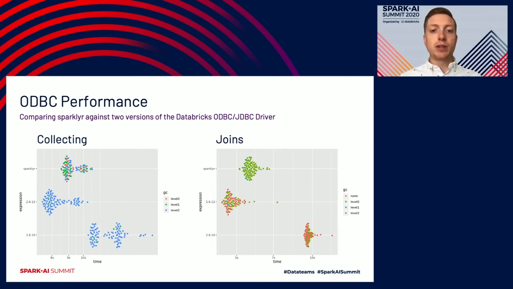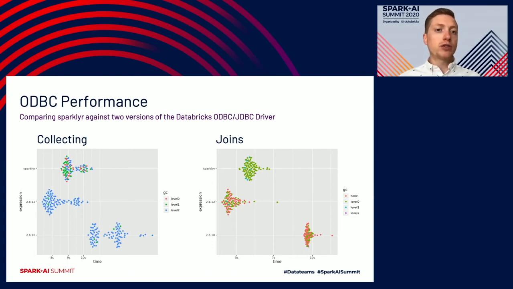And on the right-hand side, we see the performance of a similar style operation, but involving some joins between two different tables within Spark. And the top row of data represents a native connection made through sparklyr. Then the next two entries in both of these diagrams represent two different versions of the ODBC driver that's available from Databricks.